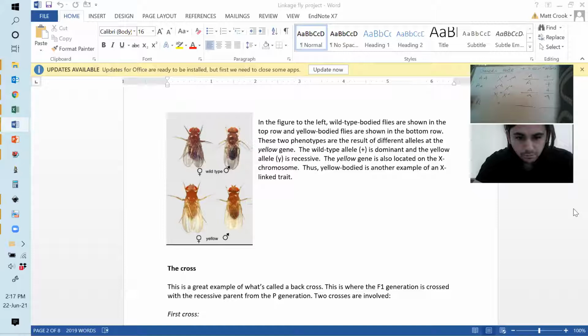So now it matters a great deal which chromosome these alleles are on, their relationship to each other. So now you can have, again, we're going to put plus as the dominant allele. It just actually makes the shorthand a little bit easier.